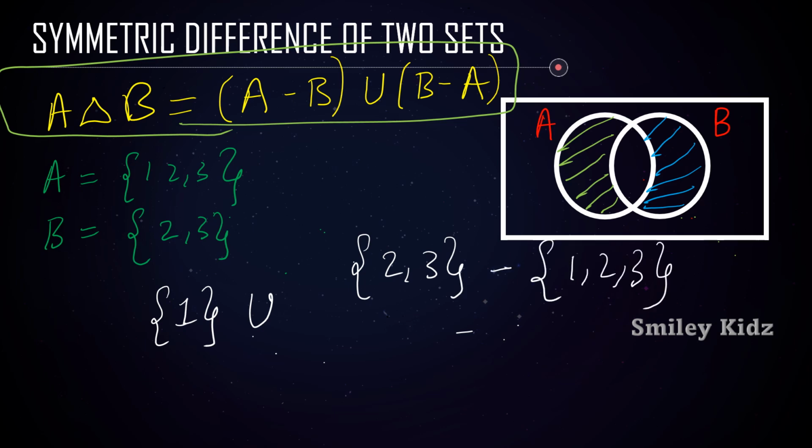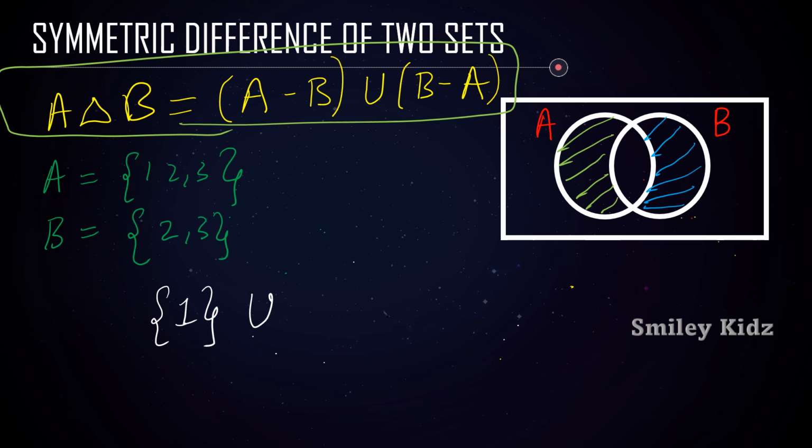That means here you have 1, but here you do not have 1. So that means 1 is already removed previously, right? And here we have 2, which gets eliminated. 3 gets eliminated. Right? What is there? Nothing is there, isn't it? So you're simply going to have 1 in your symmetric difference of two sets.